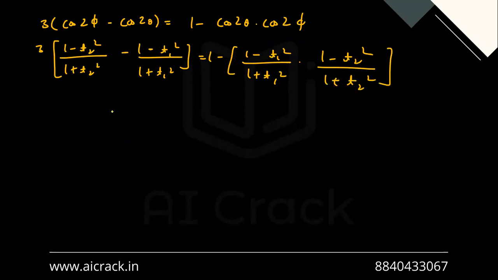All right. Now we'll cross multiply it. 3 times we get (1 − T2²) multiplied by (1 + T1²) minus (1 − T1²) times (1 + T2²).